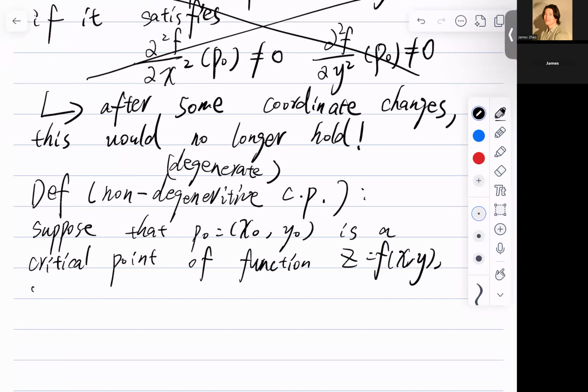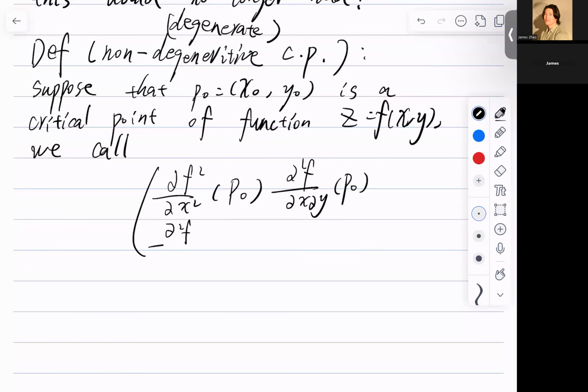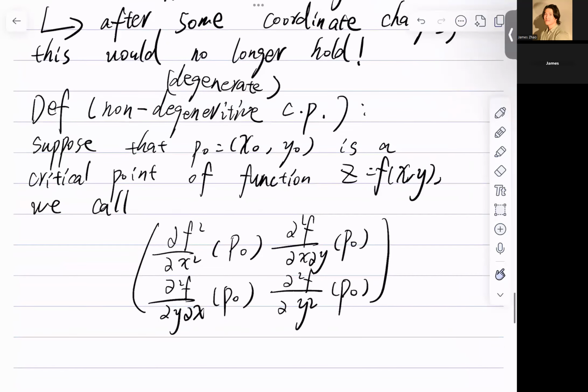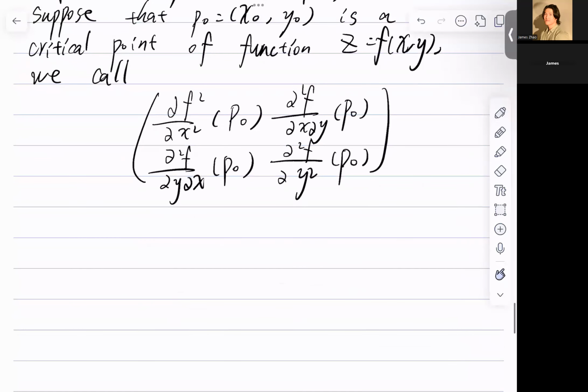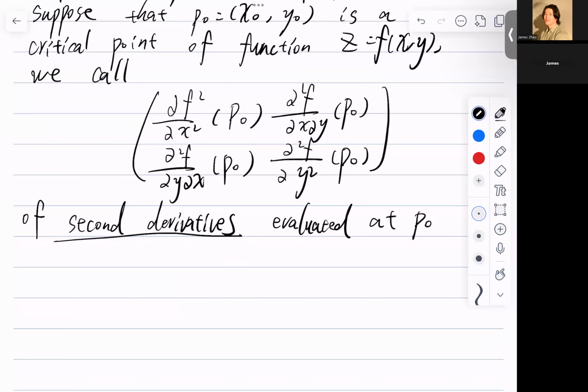And we call this matrix, where we have all the second order derivatives in this matrix, We call such matrix evaluated at P naught the Hessian, just like how our title suggested.